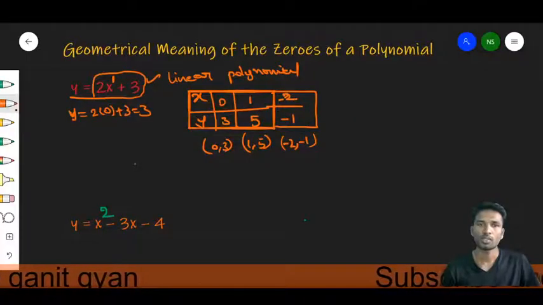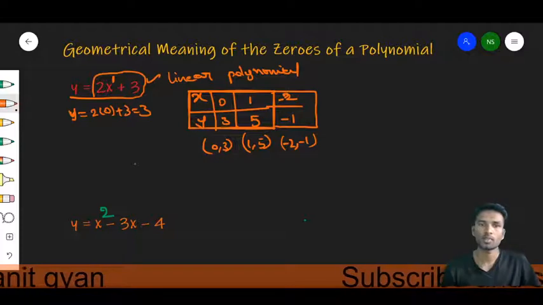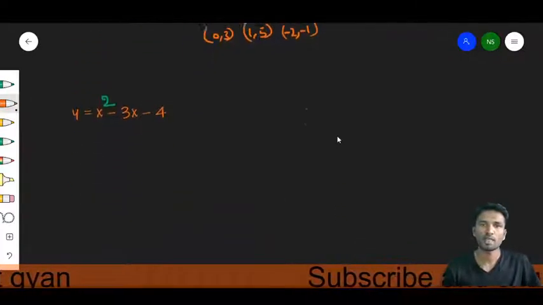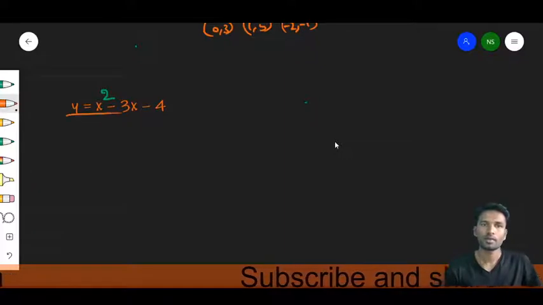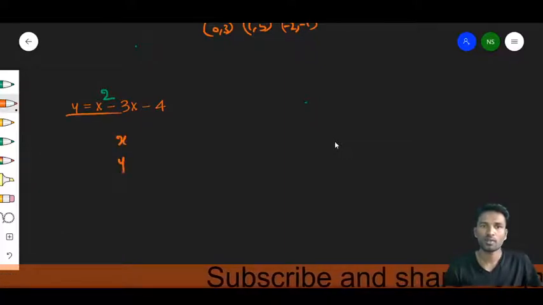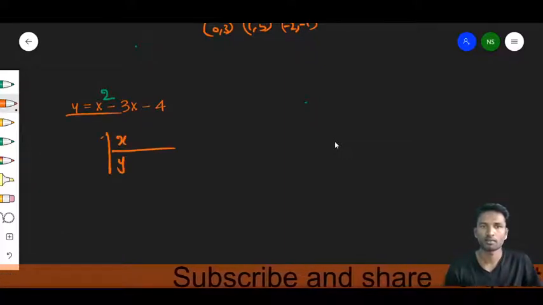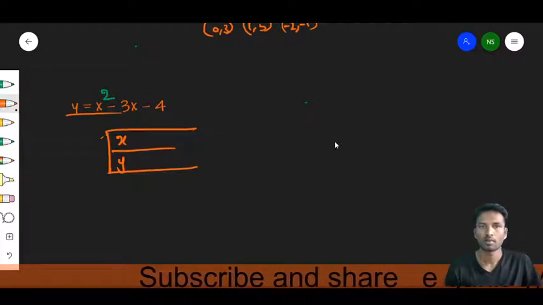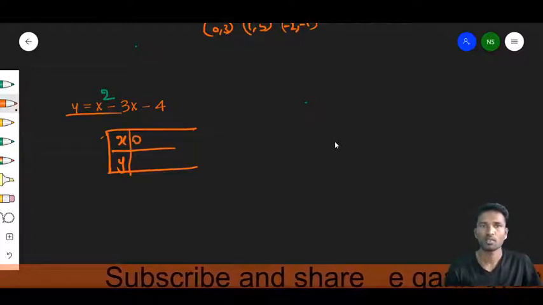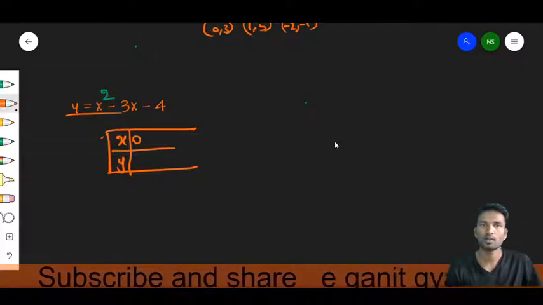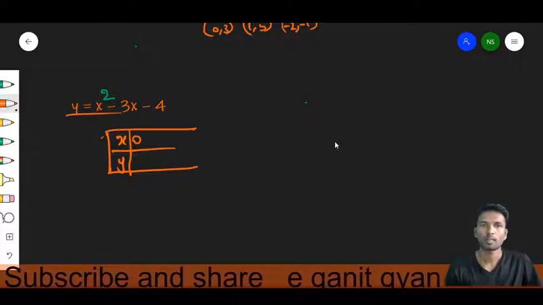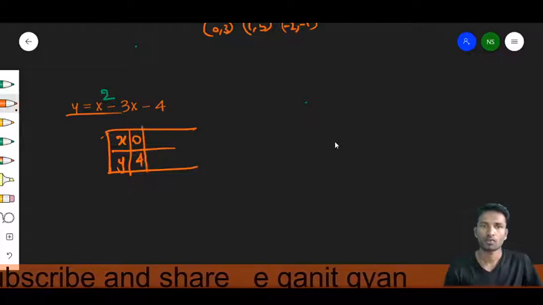Then coming to another thing, a quadratic. Here also we will follow the same method. I will assume x values, then I will get y values. If x is 0, if I substitute here, 0 minus 0 minus 4, so y value is minus 4.